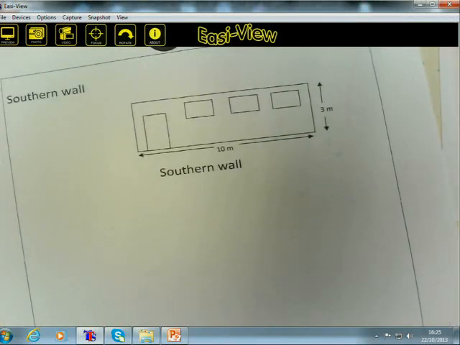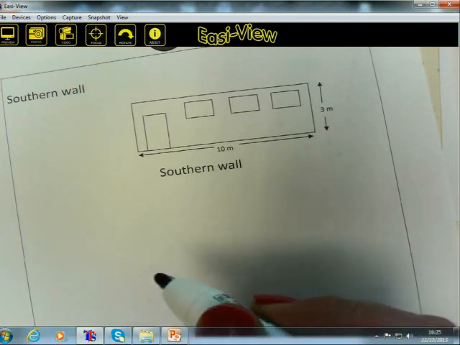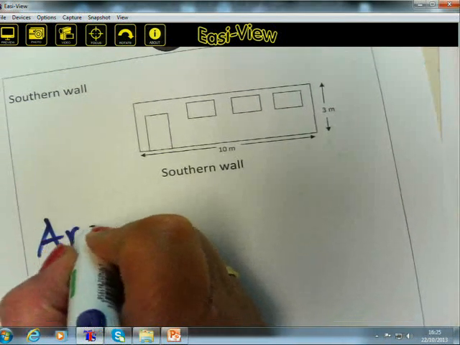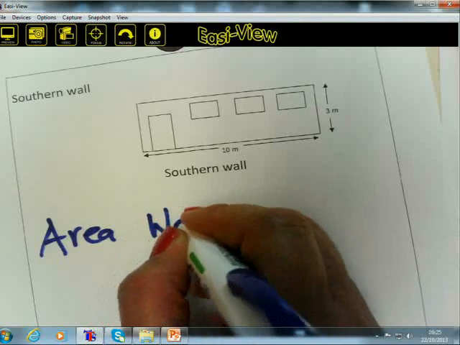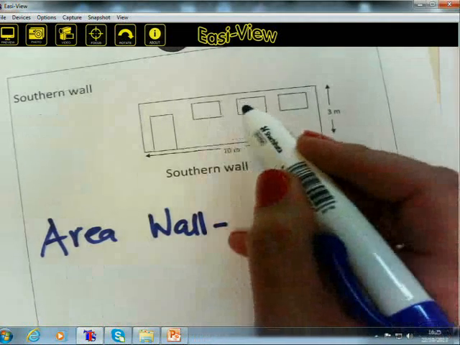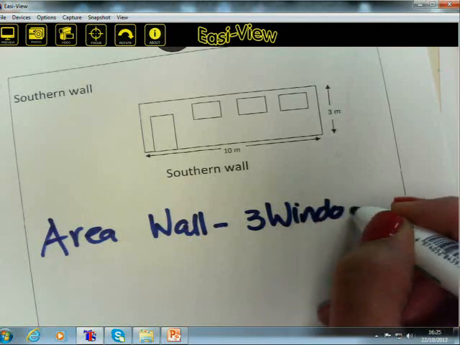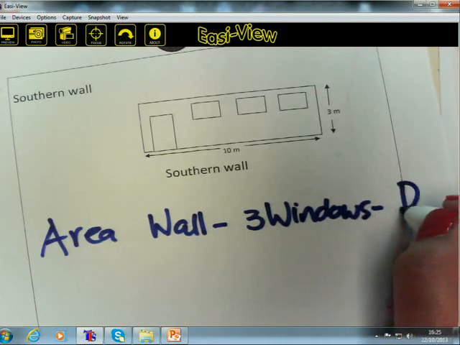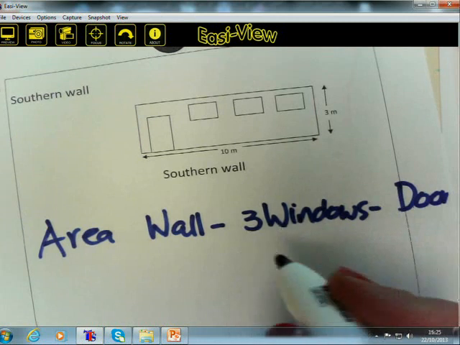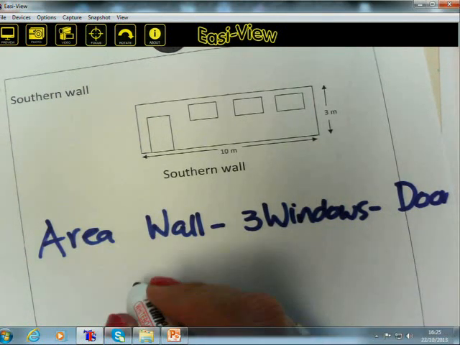When we do the southern wall, the first thing that we're going to do for the area is the wall minus 1, 2, 3 windows minus the door, because we're not going to paint the wall, the windows and the door.